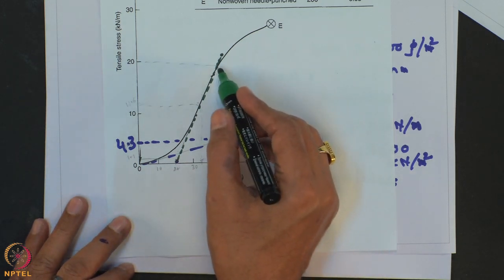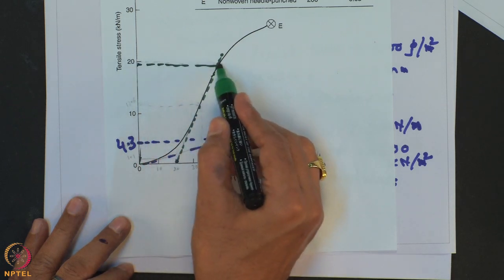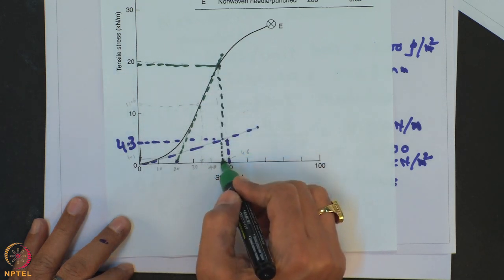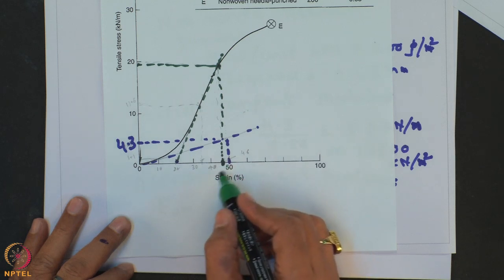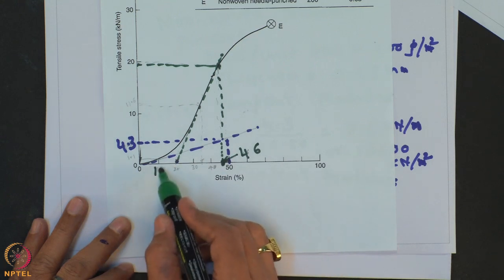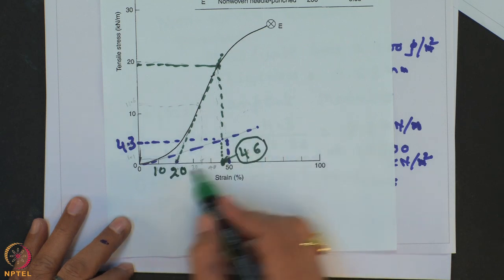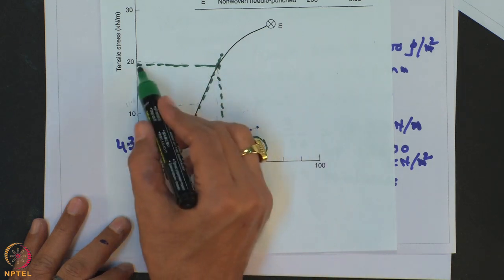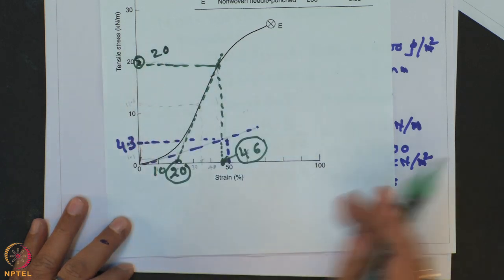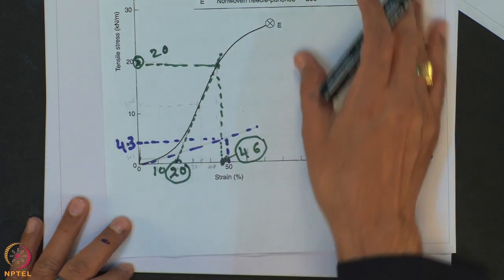So, for example, when the tensile stress is about 20 and the corresponding strain value, let us say here is 46 and here it is 10. So, this is the 20, this is 46 and this value is about 20 kilonewton per meter, and this is the strain. This is the offset modulus value, slope of this curve.